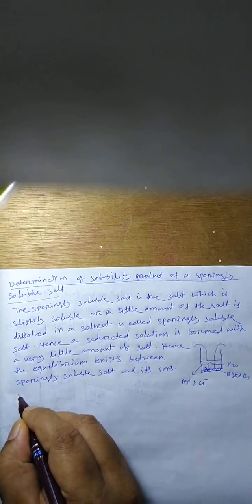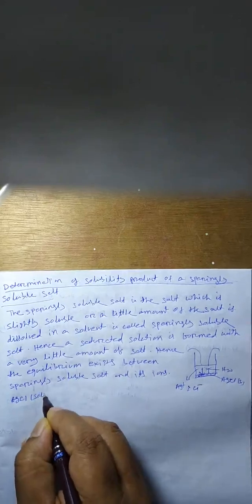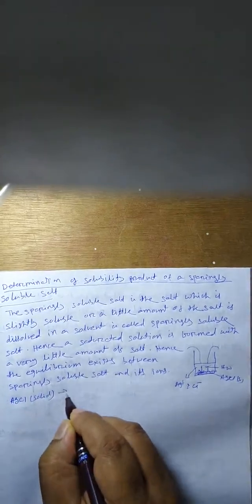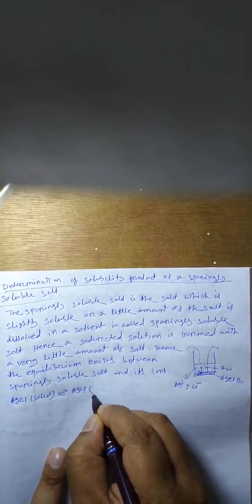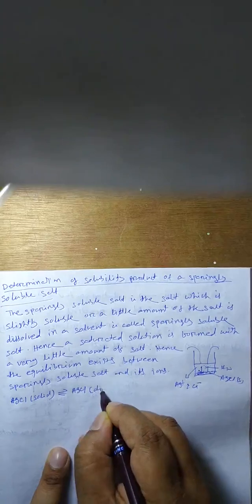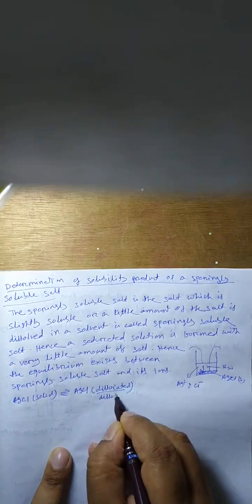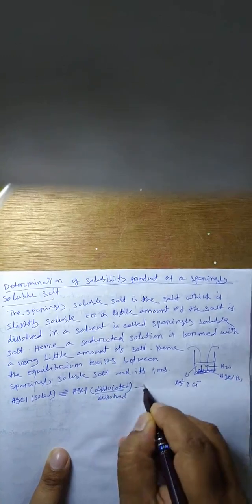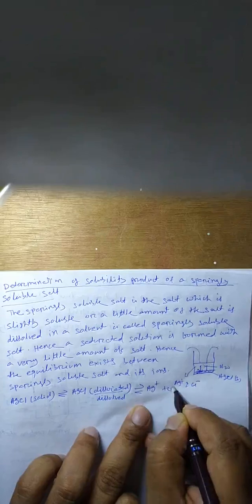Then what happens in the reaction? Solid silver chloride is in equilibrium with dissolved silver chloride. When dissolved, ions are formed, Ag plus and Cl minus.